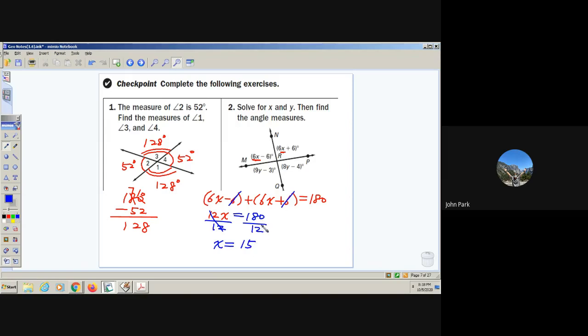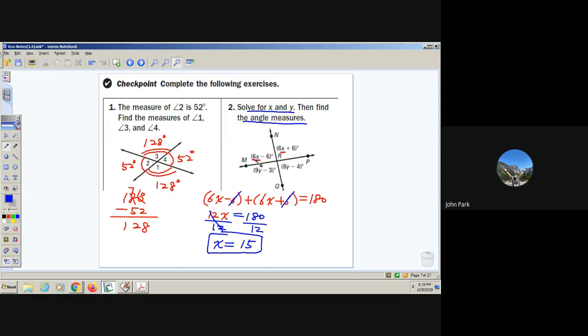So again, if that was hard to do mental math, you can plug that in your calculator, right? So x is equal to 15, and then you plug it back in here to solve for each angle measurement, right? So not only do you have to find x and y, which we did, right? You have to plug it back in and find the measurement of each angle.